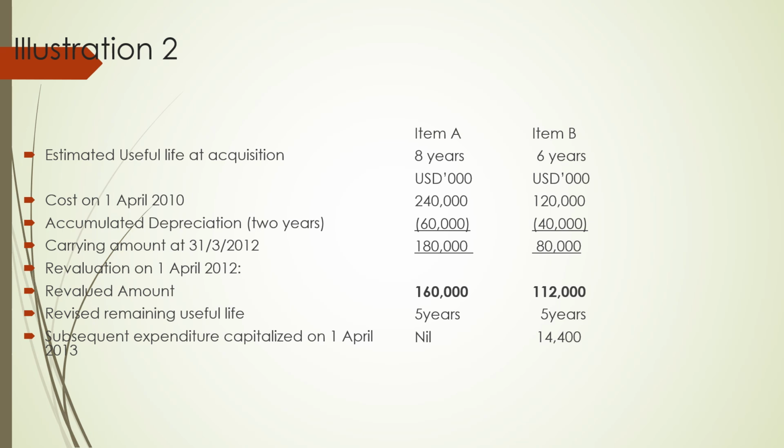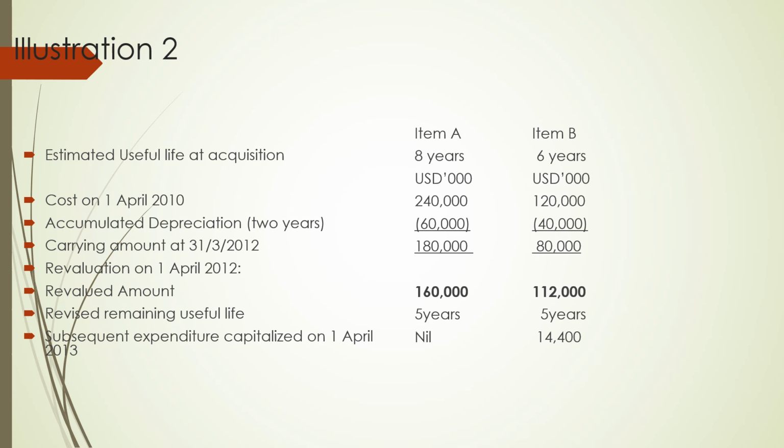The figures are in thousands, because we have 1,000 at the top of our figures. Item A had a cost of $240,000, whilst item B had a cost of $120,000.